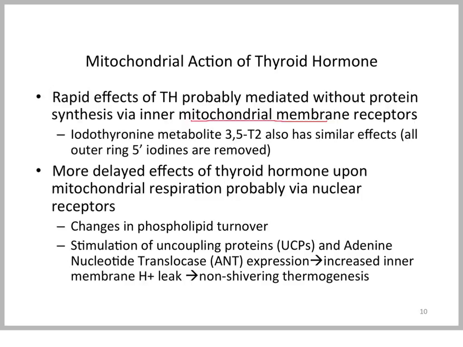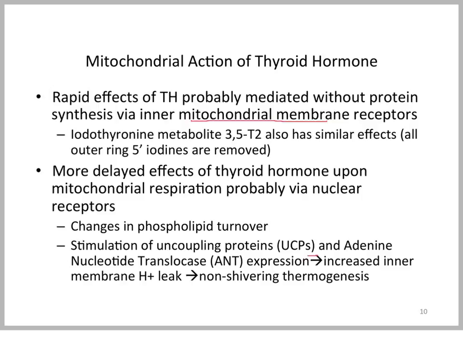More delayed effects of thyroid hormone on mitochondrial respiration probably do relate to what I showed you in the previous slide, insofar as it requires nuclear receptor activation. These include changes in phospholipid turnover, stimulation of uncoupling proteins, we'll talk about that in the next slide, which are important for uncoupling the hydrogen ion gradient and therefore making sort of inefficiency to the oxidative phosphorylation and therefore leading to non-shivering thermogenesis.